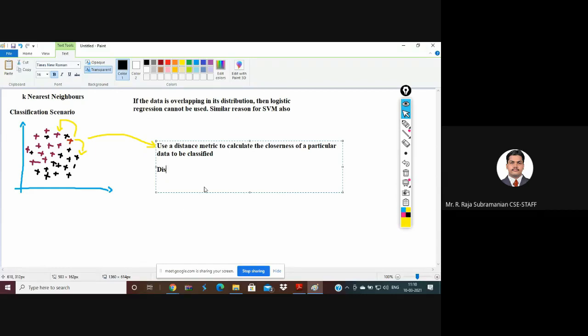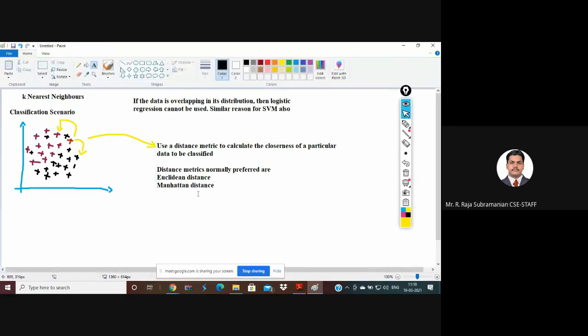Now, the distance metrics normally preferred are Euclidean distance, as he said, the same thing I'm going to say again, Euclidean distance, Manhattan distance, and you can have chi-square, you can have row distance and anything, right? So we are not impressed about these formulas.